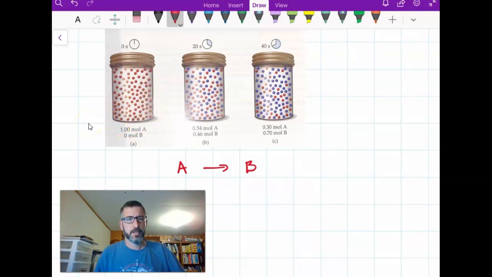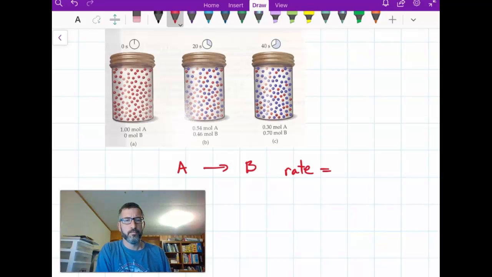Okay, so if we want to find the rate of this reaction, let's say from 0 to 20 seconds, let's go ahead and set that up. So let's say we're trying to find it in terms of change in concentration of A. So our rate in terms of A, and A is a reactant.